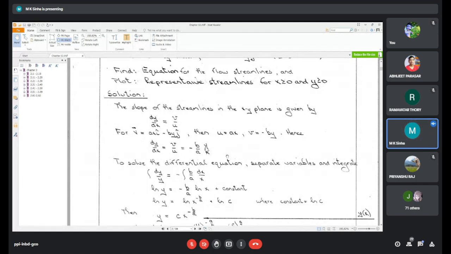Capital V is given as u i plus v j. So u becomes a x, and v becomes minus b y. Then dy by dx equals v by u, which is minus b y divided by a x.